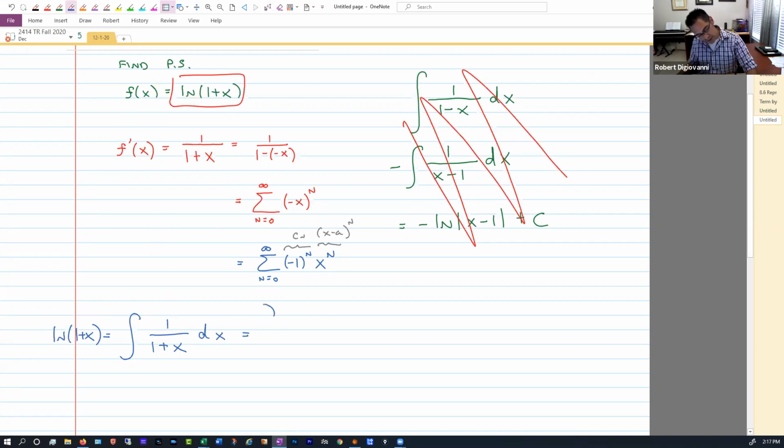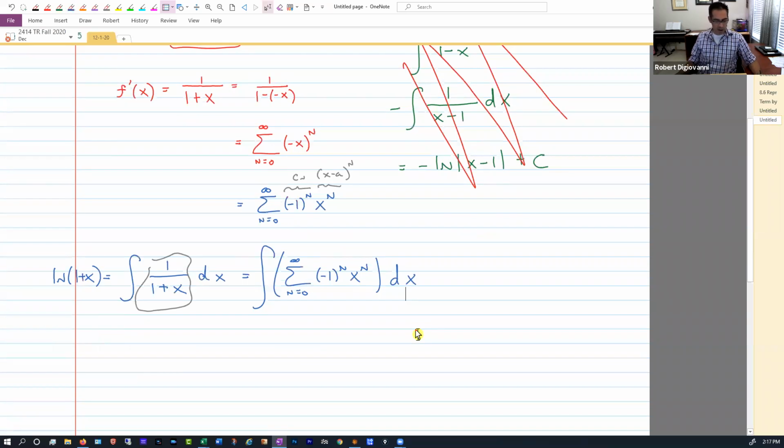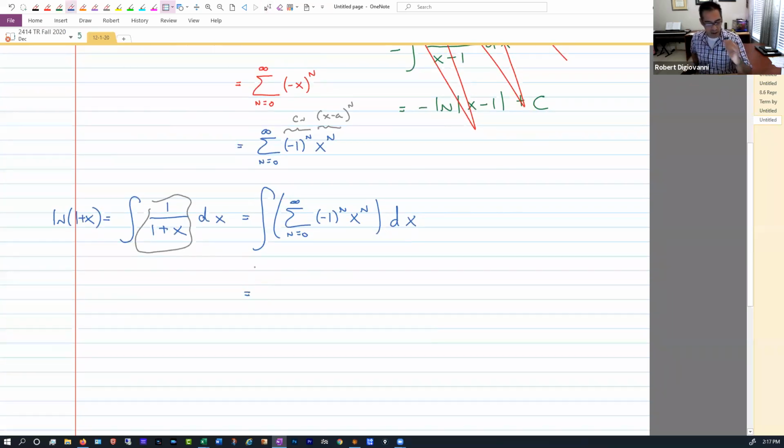But that's just equal to the antiderivative of that written as a power series, which we just said was the sum from n equals 0 to infinity of negative 1 to the n, x to the n. I need to take the antiderivative of that. And that should be, okay, so when we do the antiderivatives, all we're going to do is power rule. I leave the negative 1 to the n alone. I put 1 over n plus 1, negative 1 to the n, x to the n plus 1, and then plus some constant.